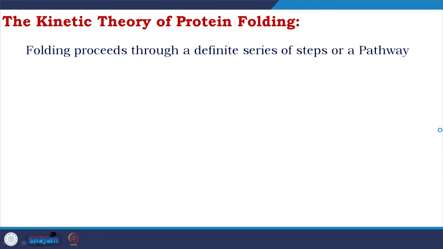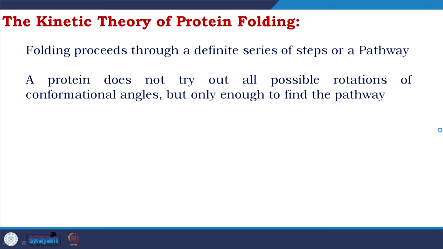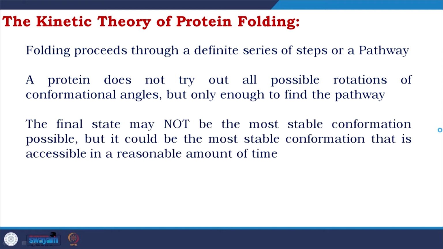state. So, coming to the kinetic theory of protein folding, folding proceeds through a definite series of steps or a pathway. A protein does not try out all possible rotations of conformational angles, but only enough to find the pathway. The final state may not be the most stable conformation possible, but it could be the most stable conformation that is accessible in a reasonable amount of time.